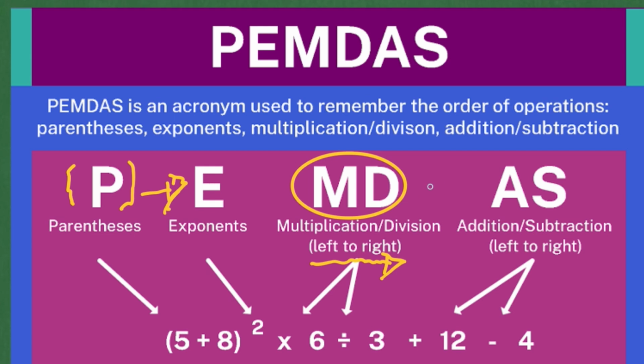The last thing we are going to solve is addition and subtraction. Like multiplication and division, addition and subtraction are also solved left to right, whichever comes first. So I am going to recap this for you. First are parentheses; we solve all the parentheses before we move to other arithmetic.